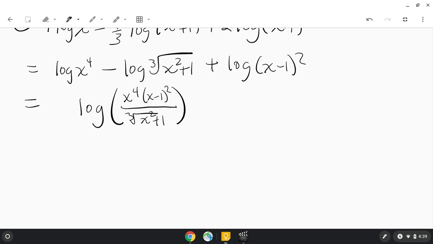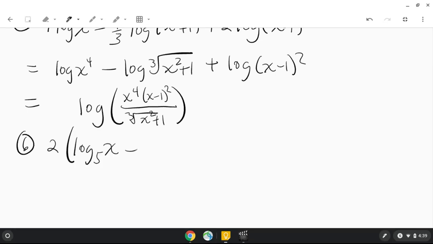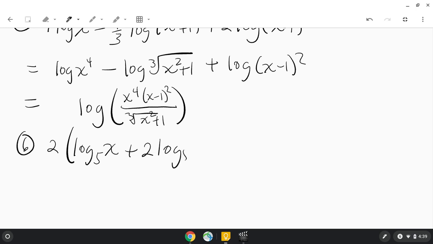Let me just do one more. Suppose that you have 2 times the quantity log base 5 of x plus 2 log base 5 of y minus 3 log base 5 of z.